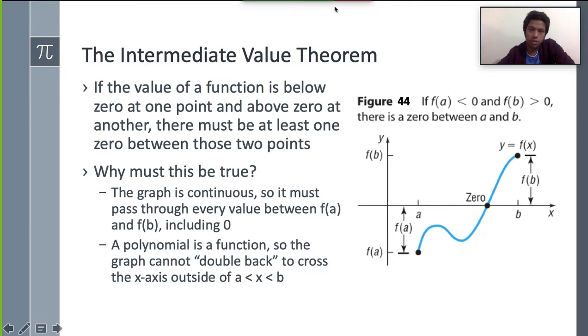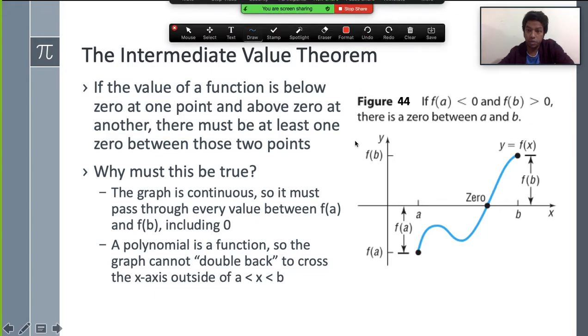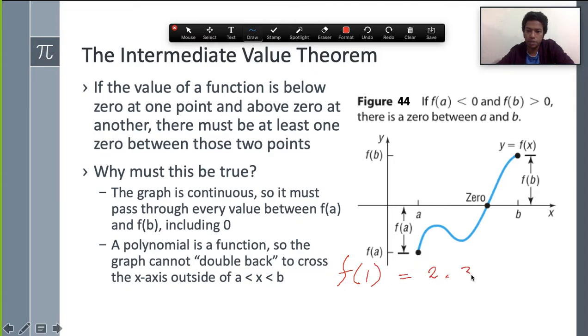Let me give you an example, since some of you may wonder what it actually means. Suppose for a function you get f of 1 equals 2.31, and f of 2 equals minus 0.3.